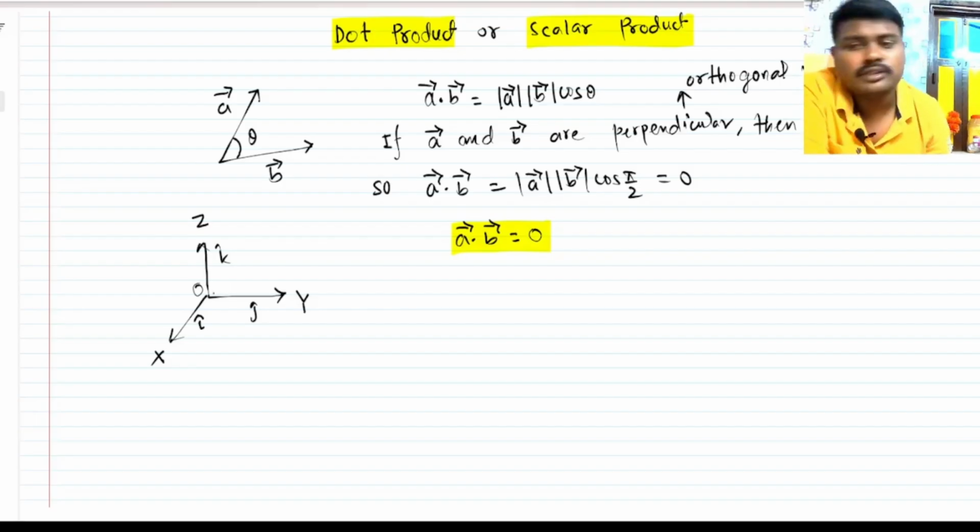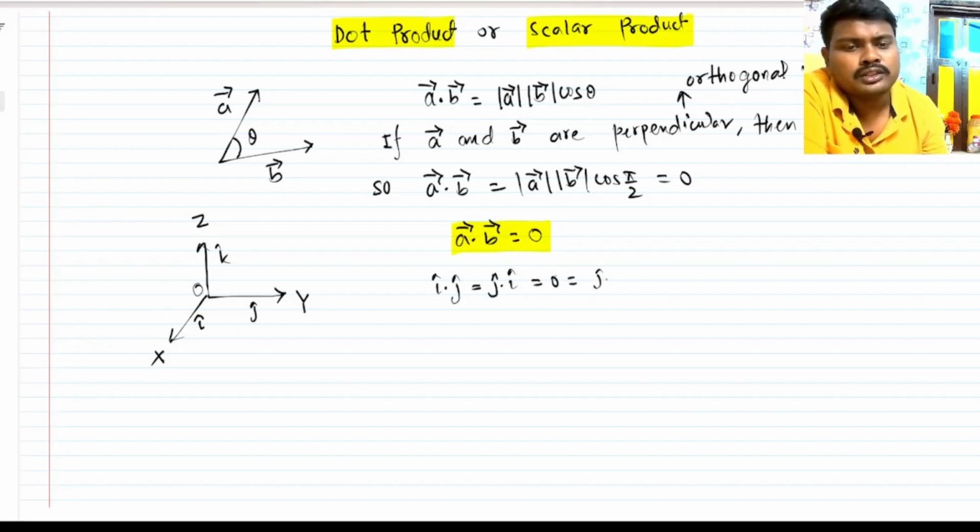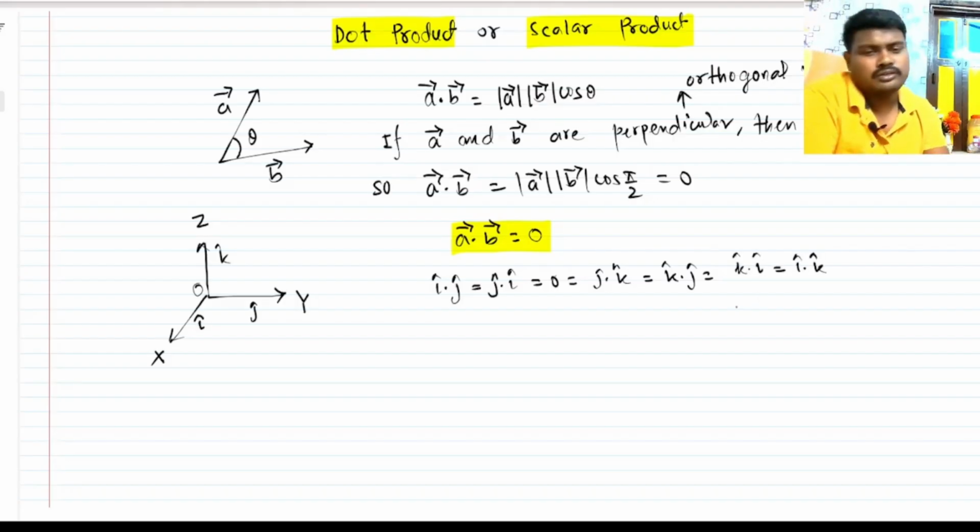That is, they are mutually perpendicular. Therefore, I cap dot j cap or j cap dot I cap is 0. Also, j cap dot k cap equals k cap dot j cap equals I cap dot k cap equals k cap dot I cap, so these are 0.